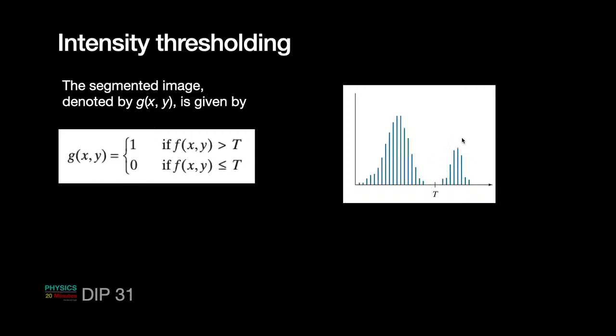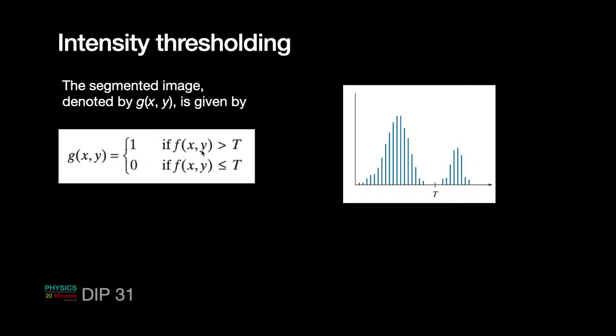This is one segment of the image. This is the other segment of the image. This value I can obtain if I know the histogram, and I can visually judge it and use it to segment the image.